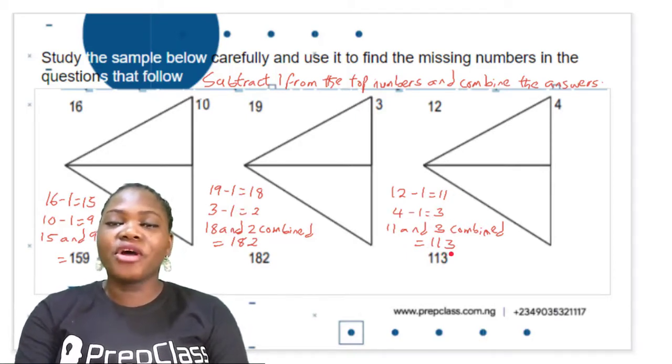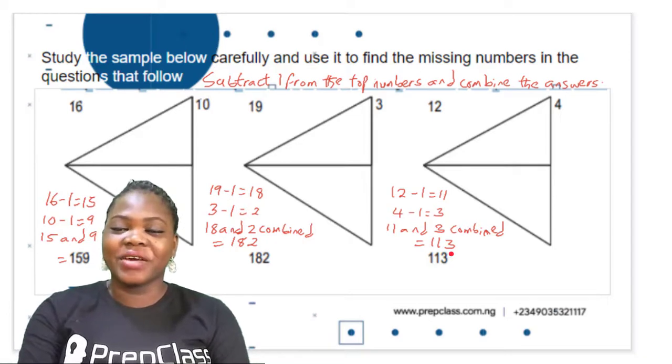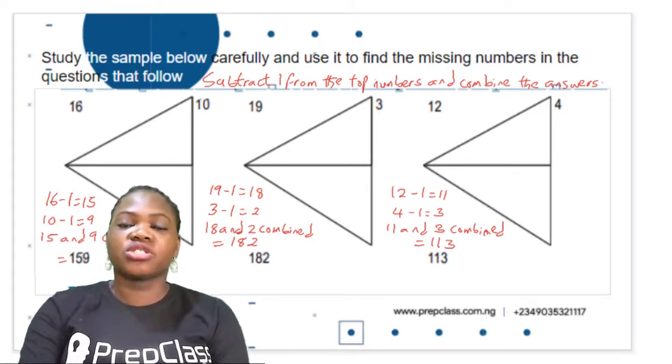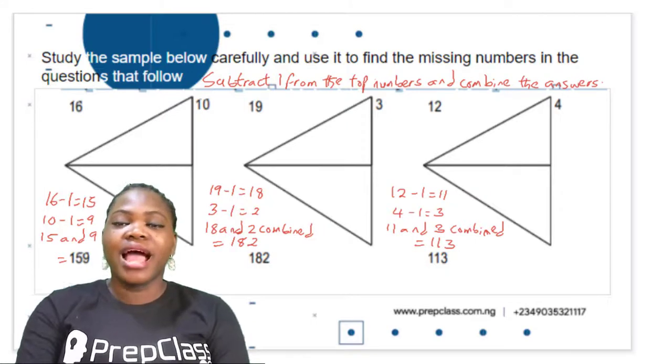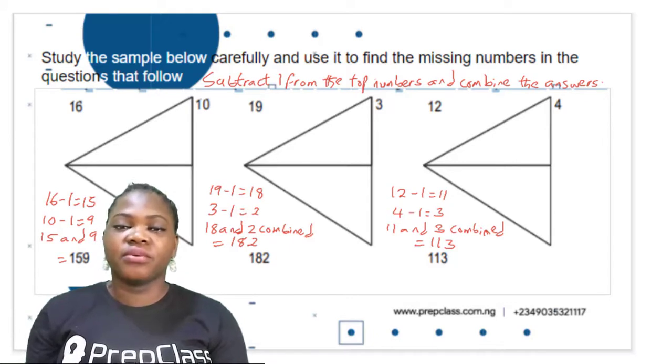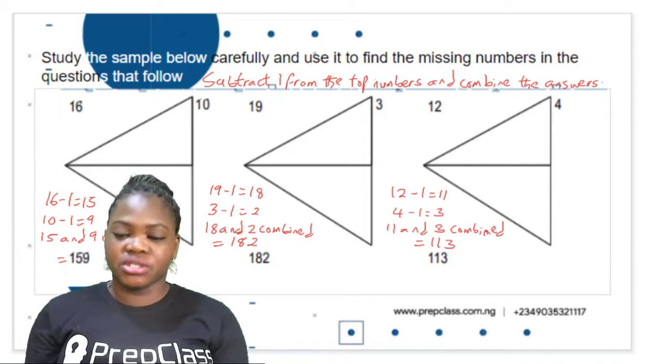We have 113. Wow! So this means that we've been able to get the math necessary behind it. All we have to do is to subtract 1 from the top numbers and then you combine the answers together. As simple as that. So the logic works for the 3 samples. So this means that this is how we are going to solve the questions.